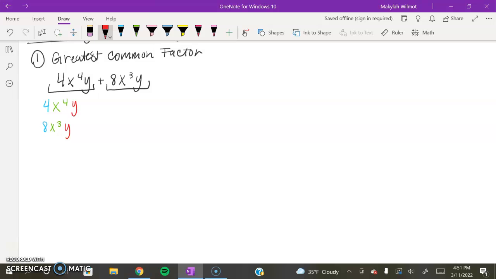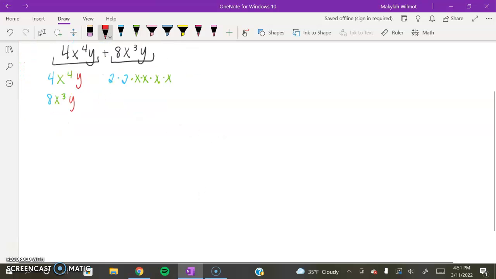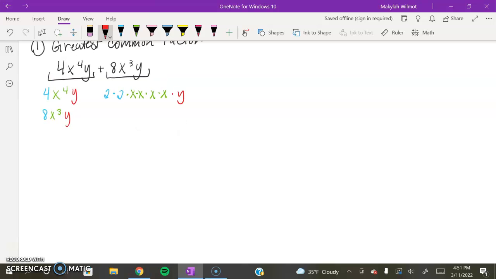Okay, so 4 is 2 times 2. You want to break it up into its smallest factors. It doesn't have anything smaller than a 2 besides a 1. Then x, x, x, and x, and that's all multiplied by y. So then 8, you have 2 times 2 times 2 times x times x times x times y.